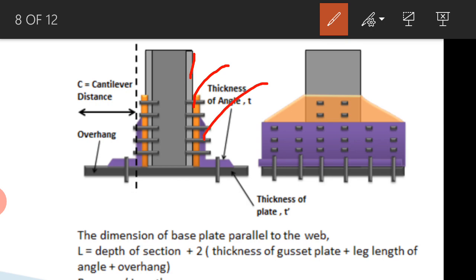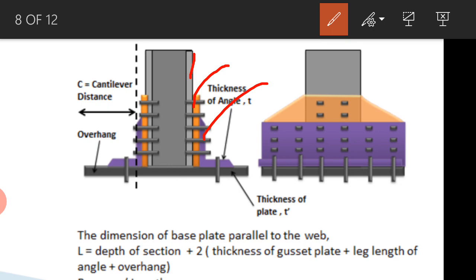We have a column and a flange. To that flange a plate is attached which is called the gusset plate. Again to that plate a cleat angle is attached. Okay, so the assembly is of three elements. One is the column with flange, and to the flange a plate is attached, and to that plate the angles are attached on both the sides.